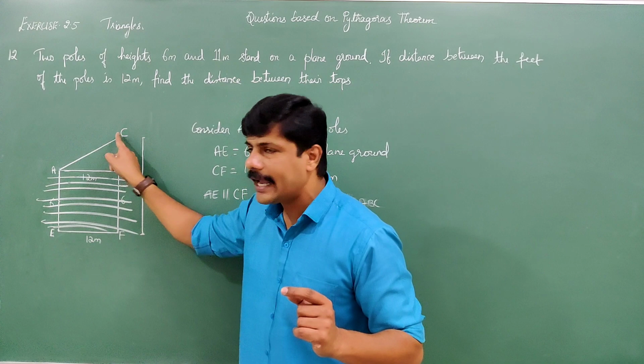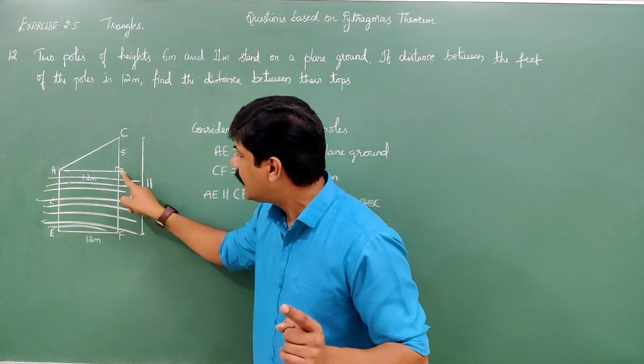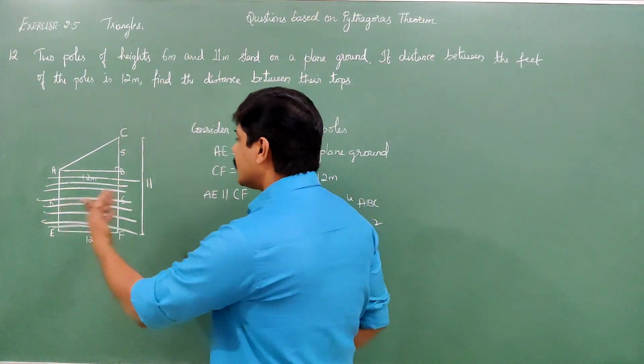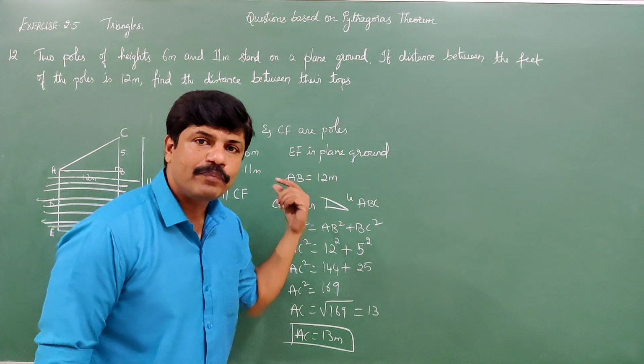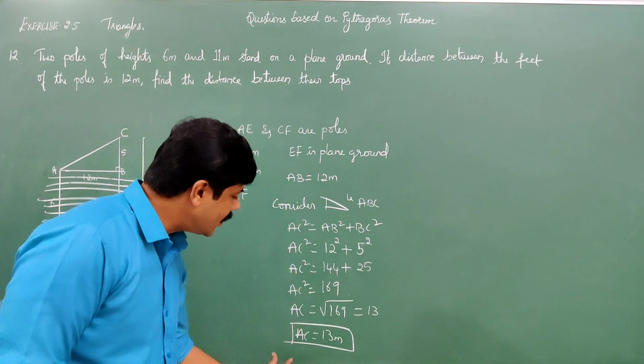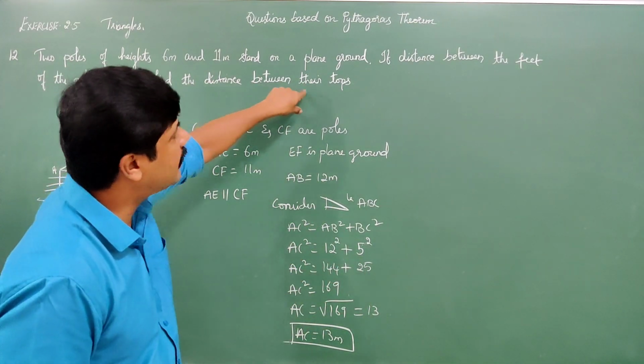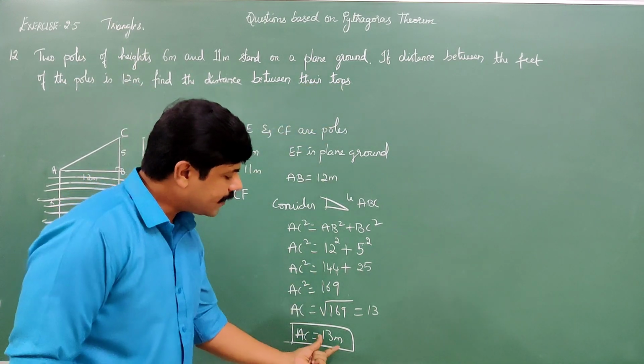What you have to find is AC by considering the right angle triangle ABC. Then you can apply Pythagoras theorem, and AC is nothing but the distance between their tops.